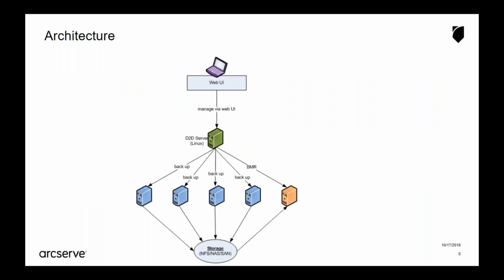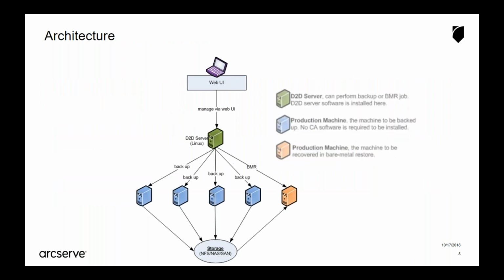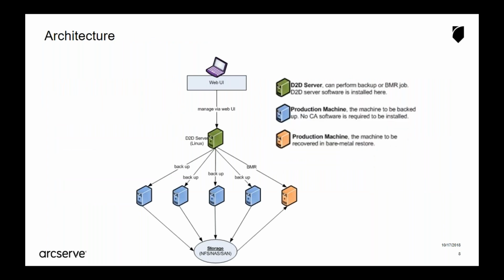Coming to the architecture, we would have a common web UI interface. The interface could be from our UDP console or from our Linux backup server console. The web UI would contact the D2D server.